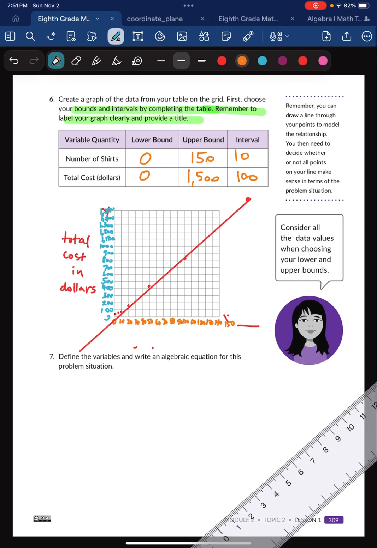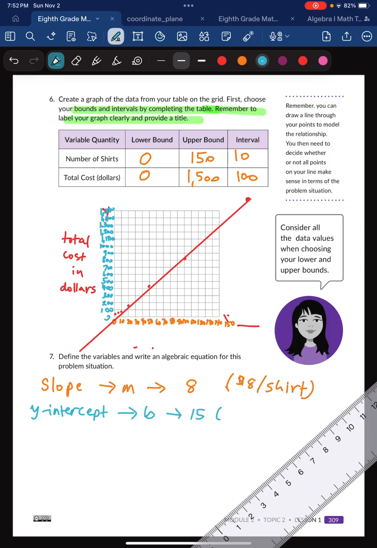So we've been doing that this whole time. The slope, the variable for slope is m. And we know it's $8 because it's $8 per shirt. The y-intercept, that's what is our variable b.